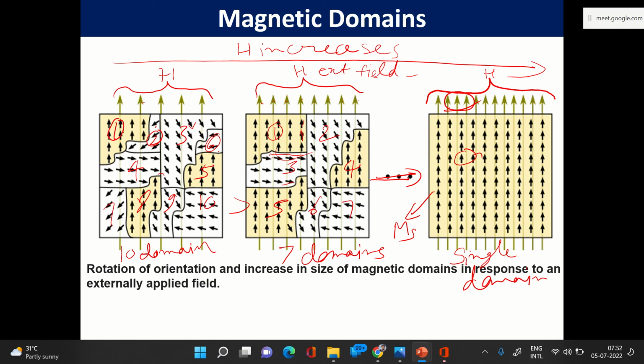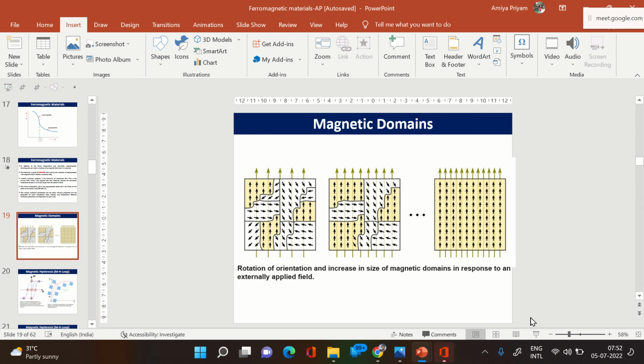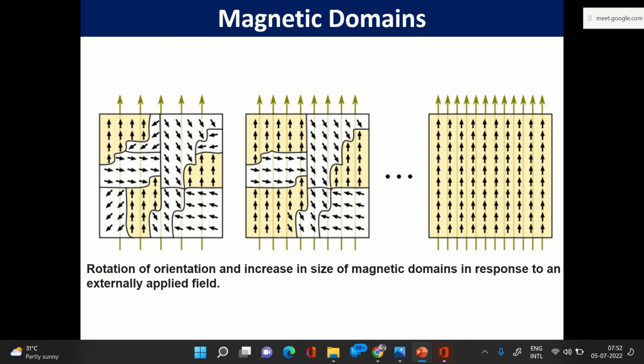To make it much clearer, I will draw this again to highlight this point, M versus H. So this was M, this was H, right?